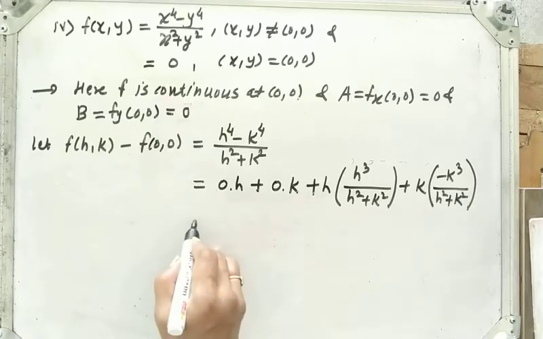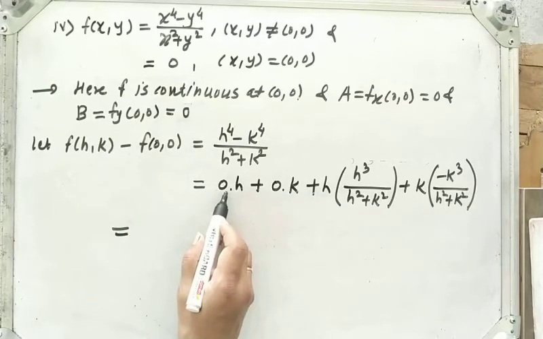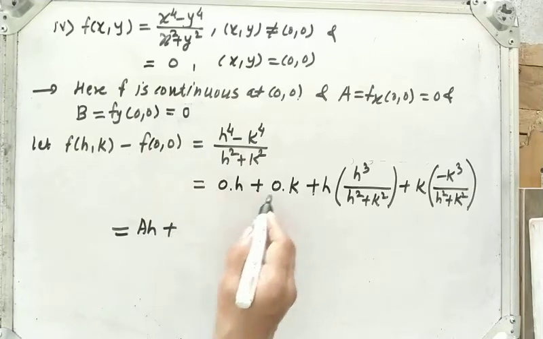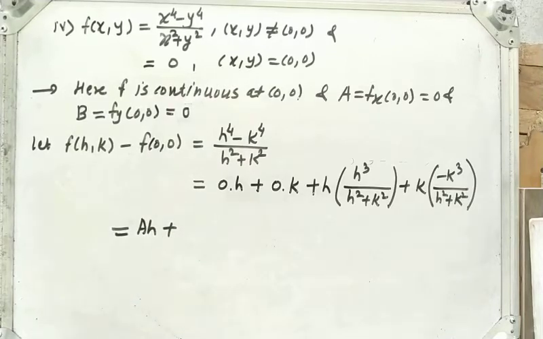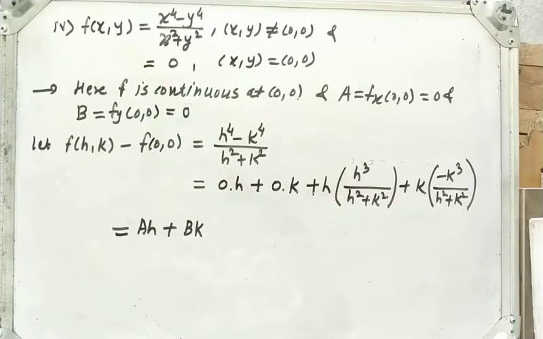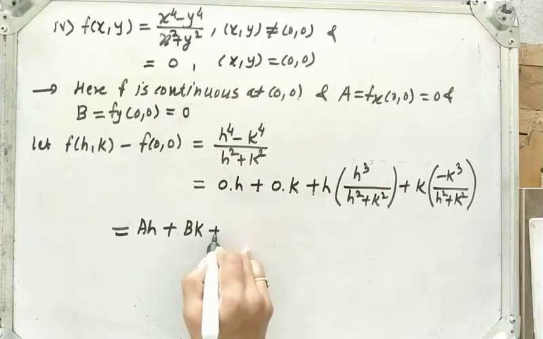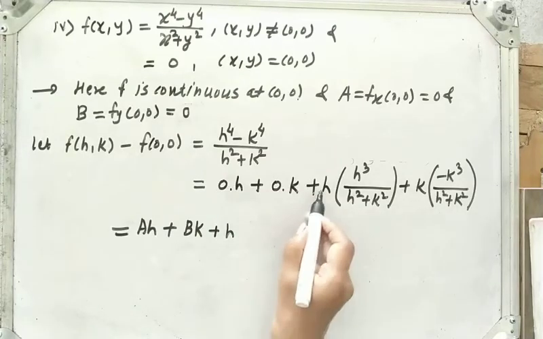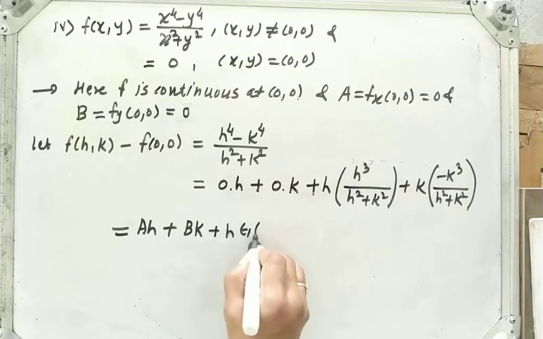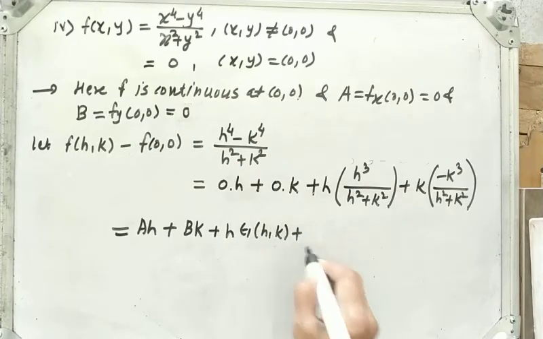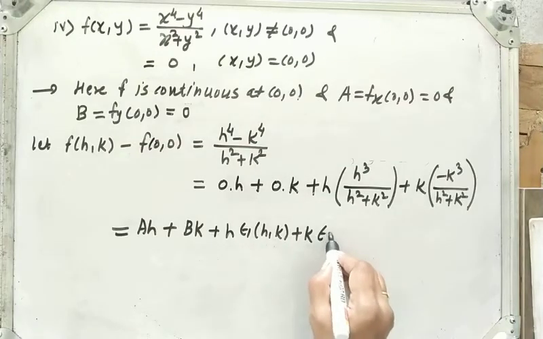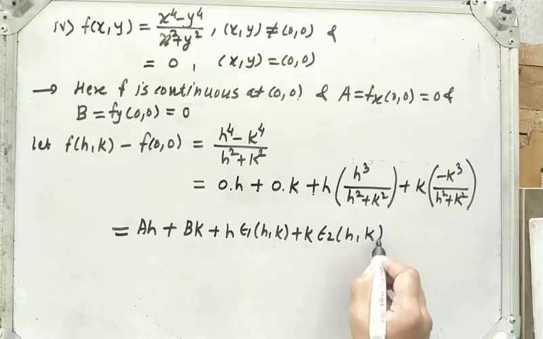We can write this also, which is equal to, now this 0 is a, we can write it as a into h plus, sorry, this 0 is b into k, plus third is this h as it is, this part we can say epsilon 1, a function epsilon 1 of hk, plus this k as it is, this is a function of hk, epsilon 2 of hk.